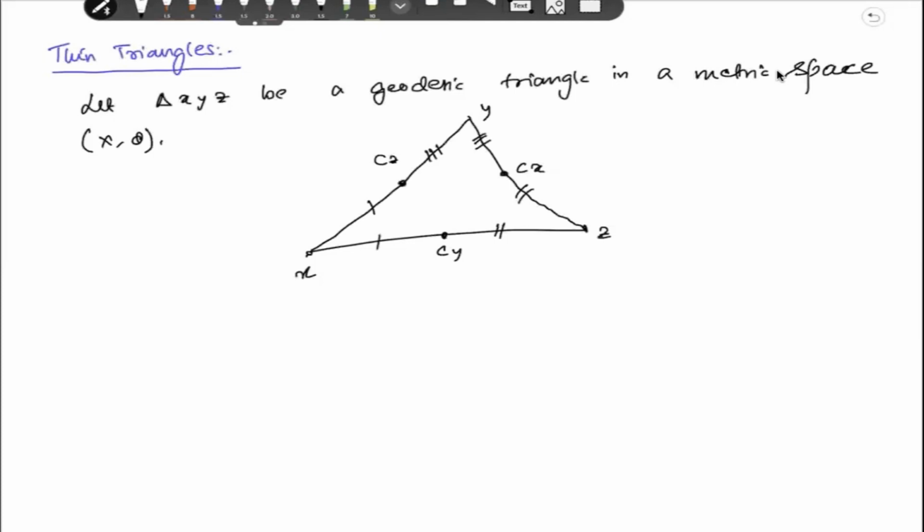In order to define a thin triangle, we need to find these points.